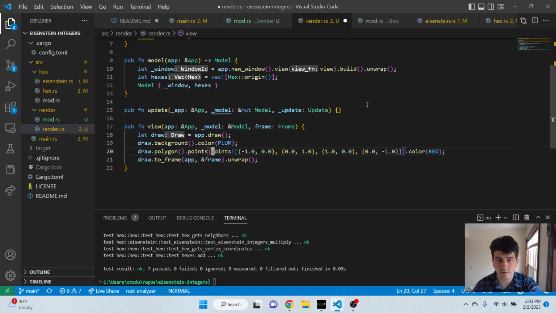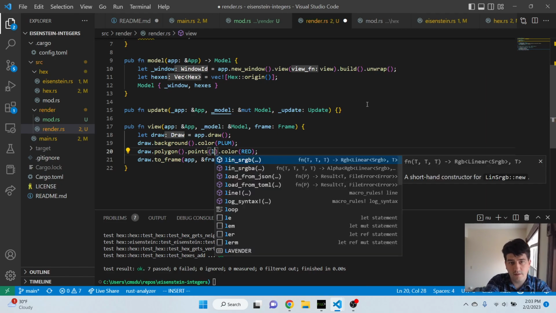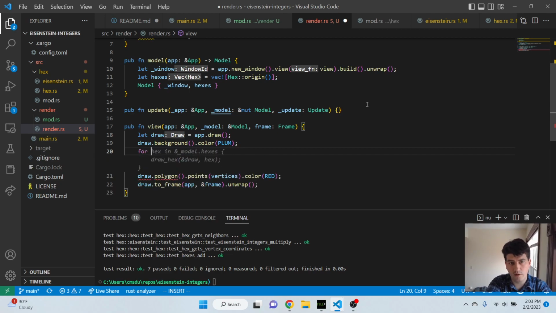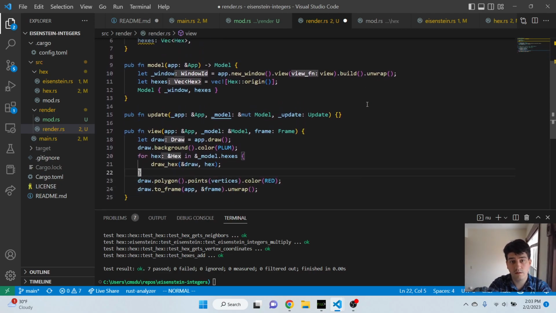Okay, so points seems like it's just a vector of something. So let's say vertices. And we'll say for hex in model hexes.